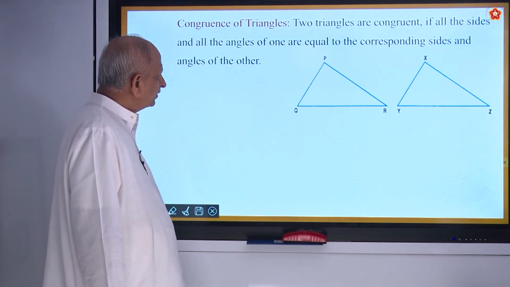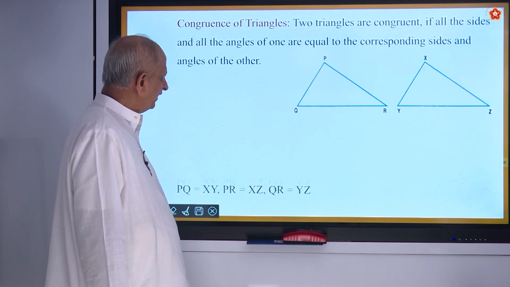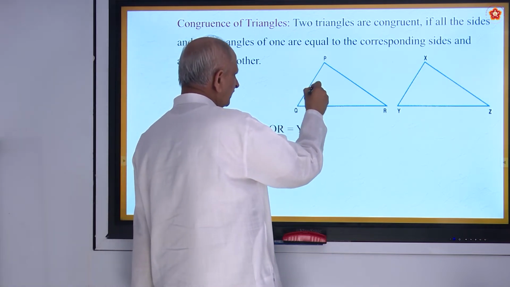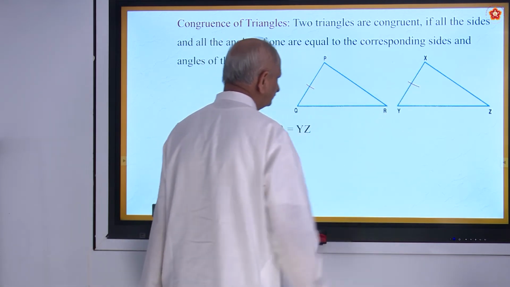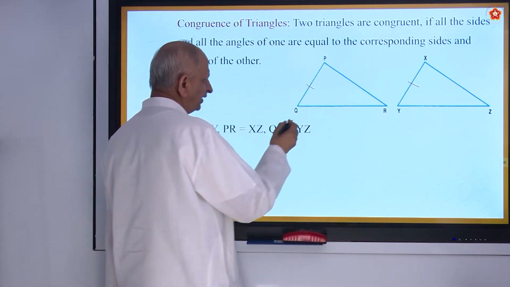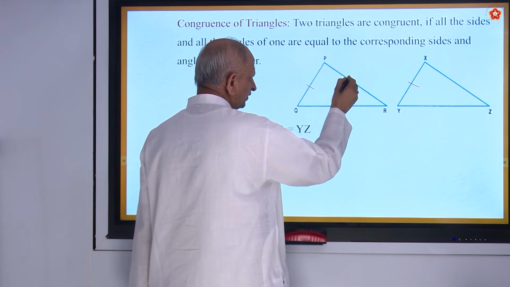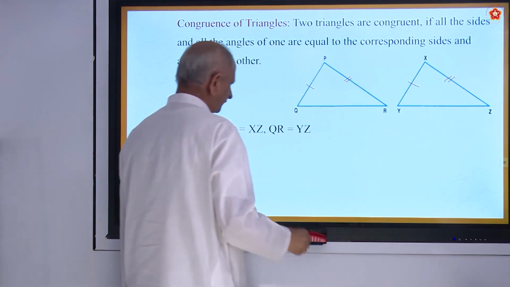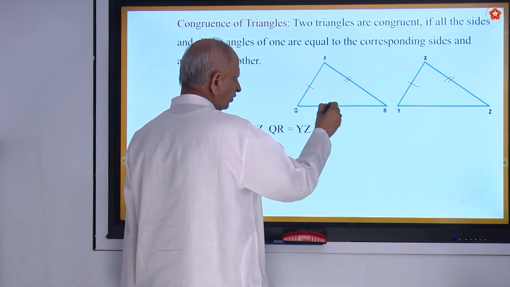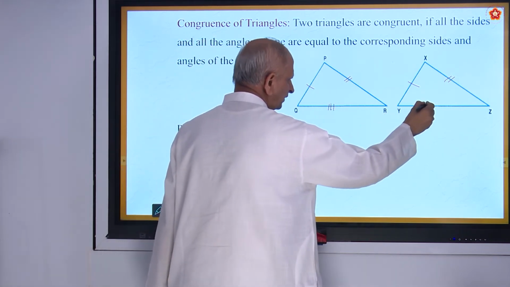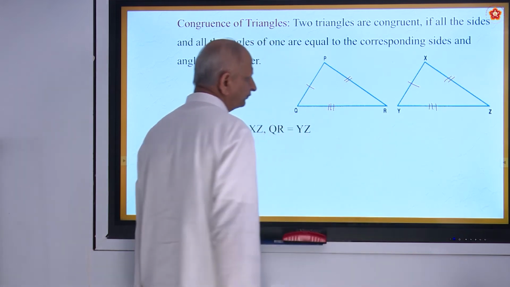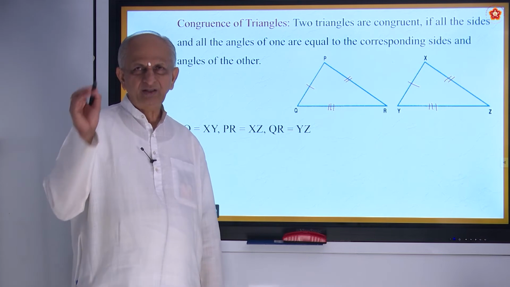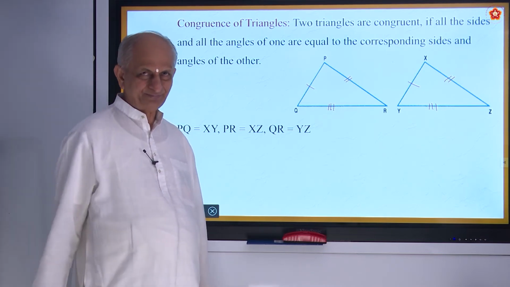So the congruency says PQ is equal to XY, then PR is equal to XZ, and QR is equal to YZ.